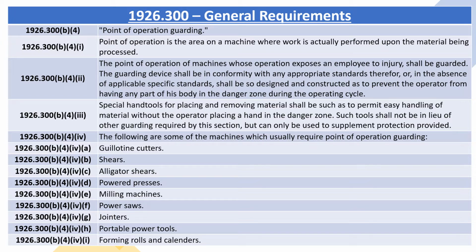1926.300 (b)(4)(iii) Special hand tools for placing and removing material shall be such as to permit easy handling of material without the operator placing a hand in the danger zone.